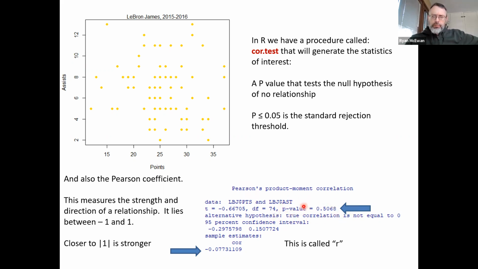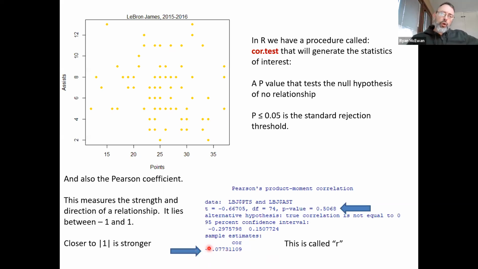See that? This is points and assists. In this case, the p-value is 0.5. You also get this, and it's kind of weirdly labeled. It just says cor. That's the correlation coefficient. You really want to have both of these to assess your statistical relationship. Is it statistically significant? And then how strong is the relationship? And then what direction is the relationship?